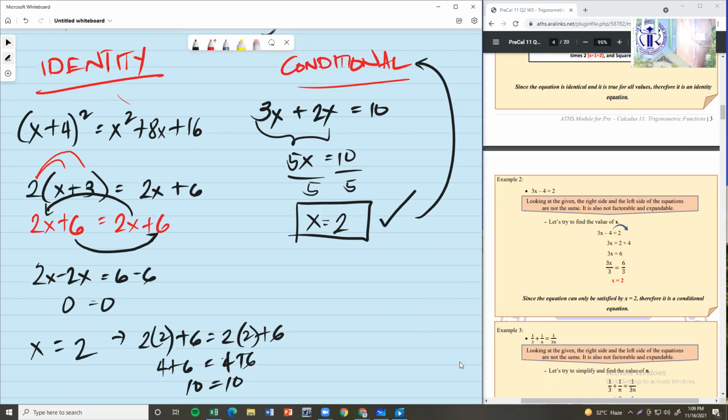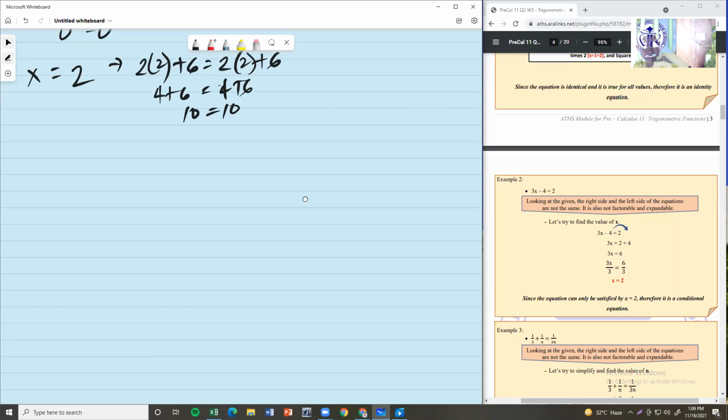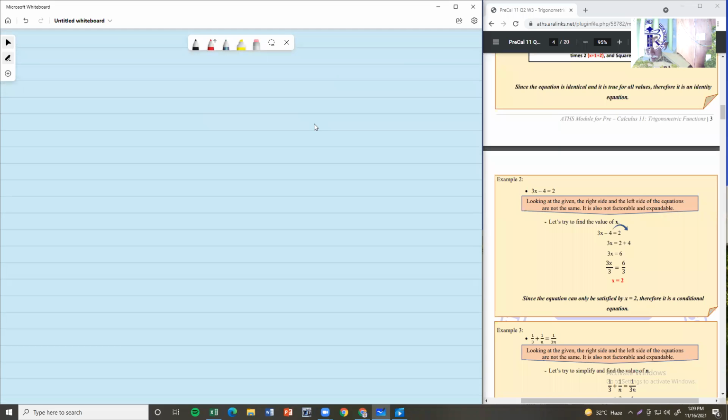Okay, very good. Let's have more. I'll give you 5 different equations and tell me if it is identity or conditional. Again, conditional when x has an exact value. Just to clarify, thank you for that correction. Conditional, exact value for x.